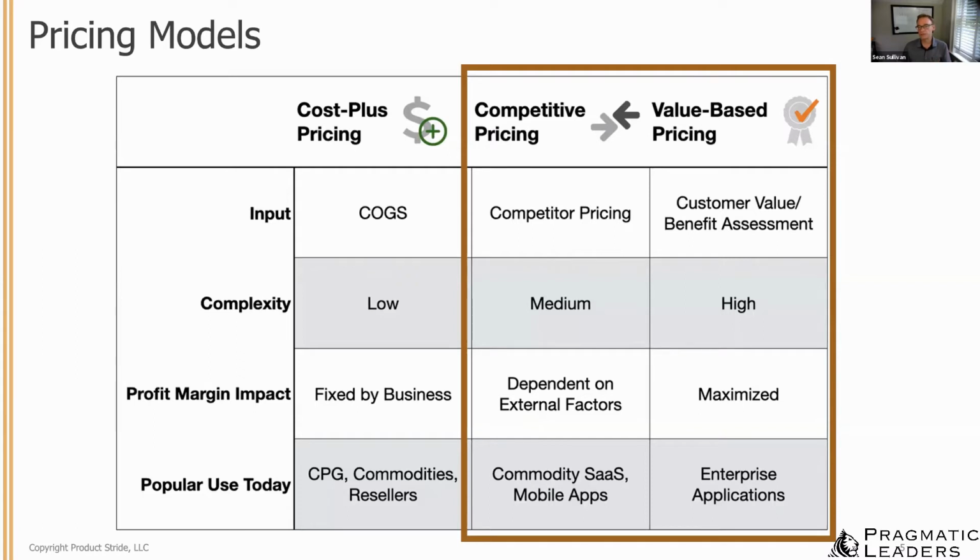The level of complexity in doing this is a little higher than cost plus because you have to do some market analysis. In particular, in enterprise software where there's not as much transparency in the pricing, let's say you're talking about ERP solutions or some advanced analytics software like those produced by Palantir, as an example, where there's not really any transparency in the market and the pricing.